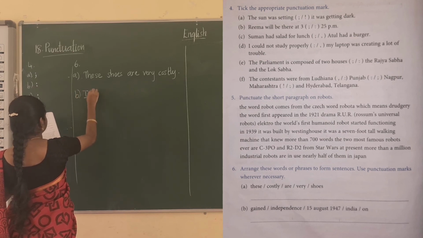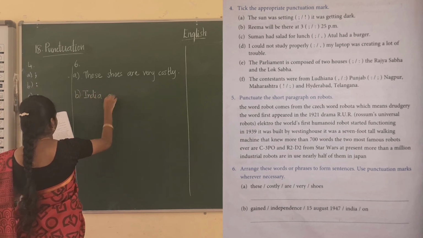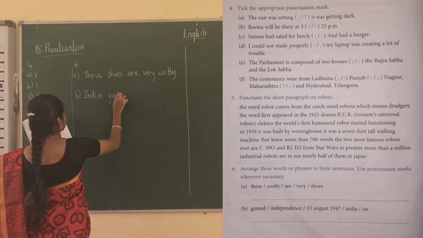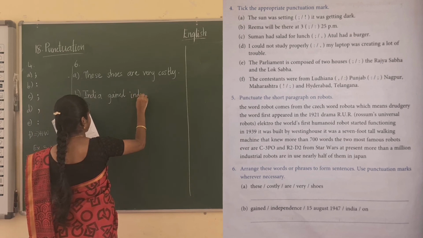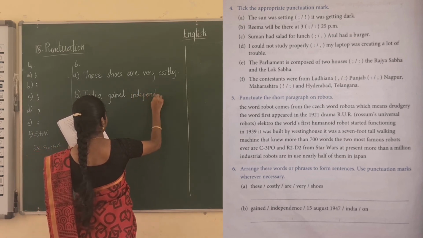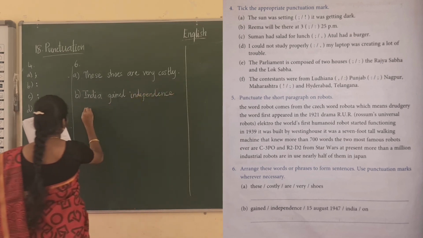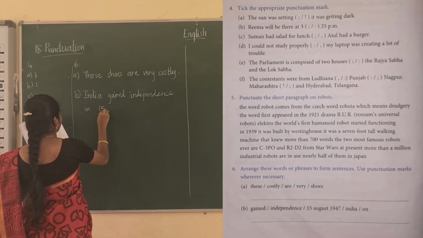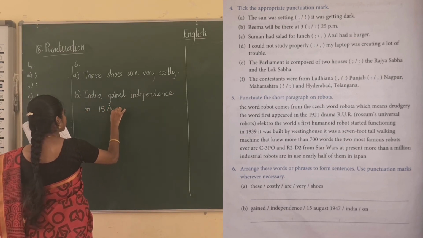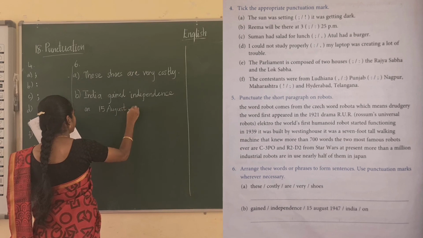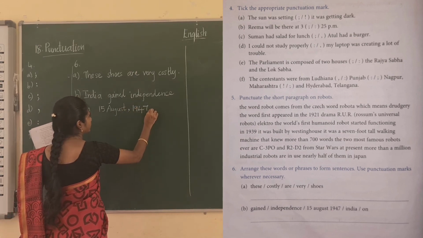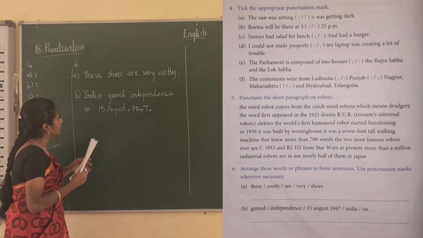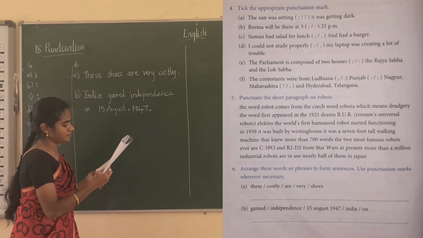India gained independence on 15th August. Put a comma, 1947, full stop. India gained independence on 15th August, 1947.